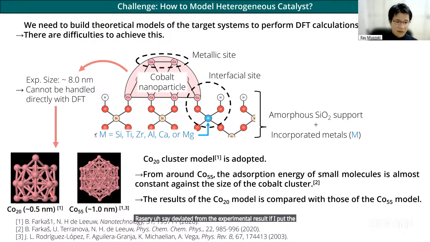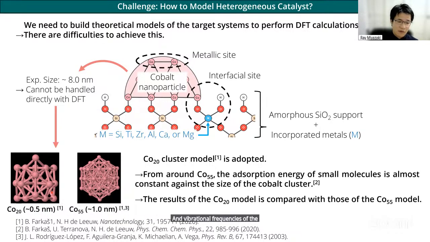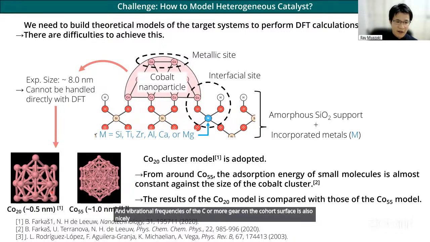So I decided not to use the van der Waals correction for this calculation. Of course, I also investigated the lattice constant of bulk cobalt with RPBE, and that is also well represented. The vibrational frequencies of the CO molecule on the cobalt surface are also nicely represented by bare RPBE. So I decided not to use the van der Waals correction for this.